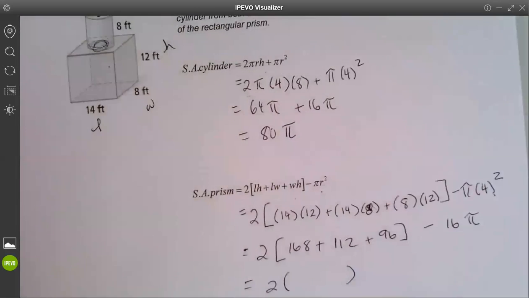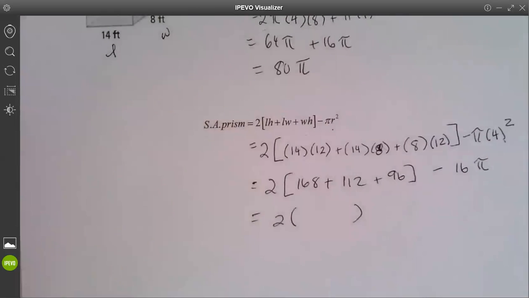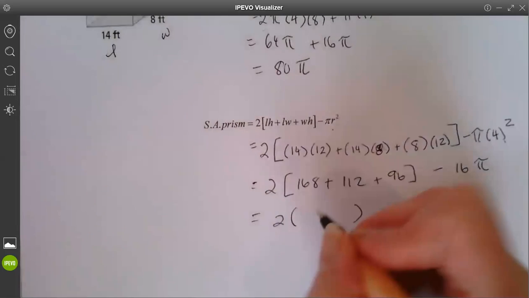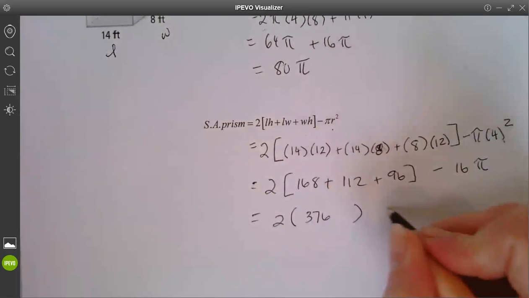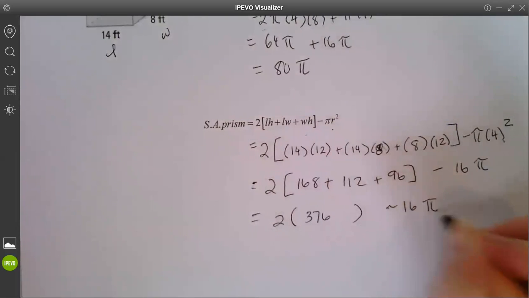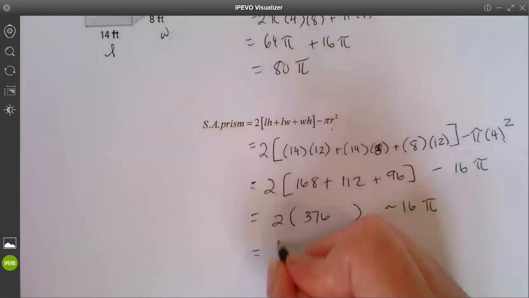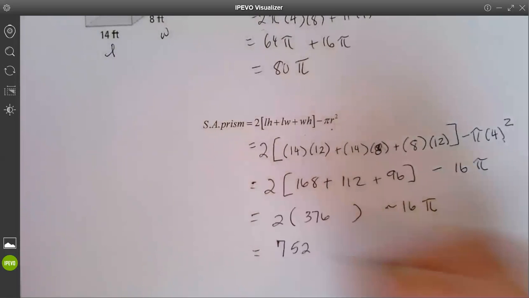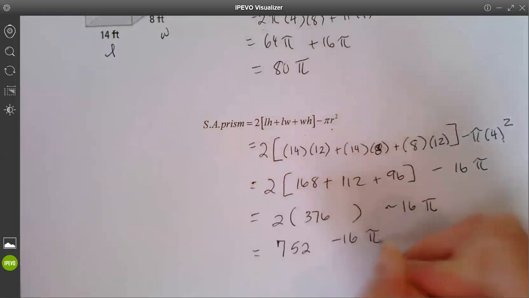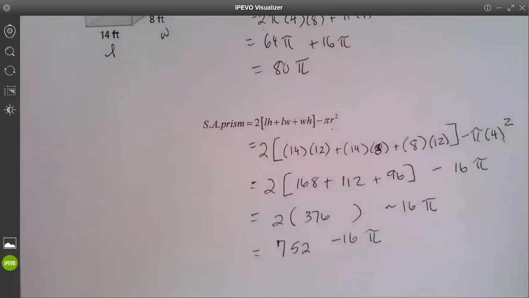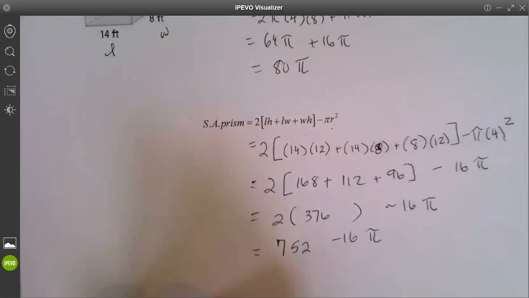So 96 plus 112 plus 168 gives us 376 minus 16 pi. I'm going to multiply that by 2. So it's 752 minus 16 pi. Again, exact answers.